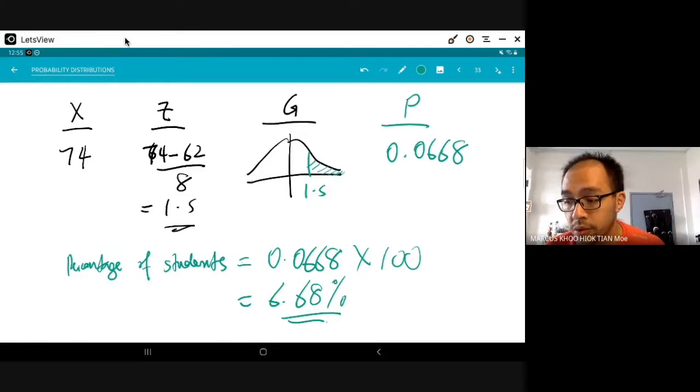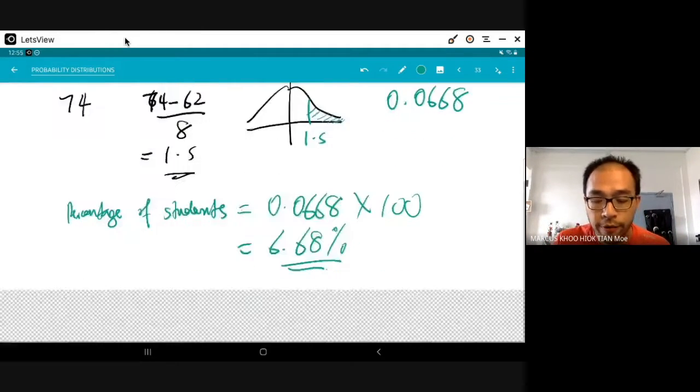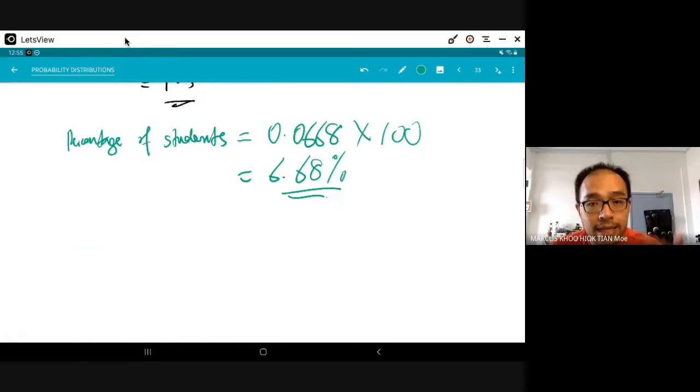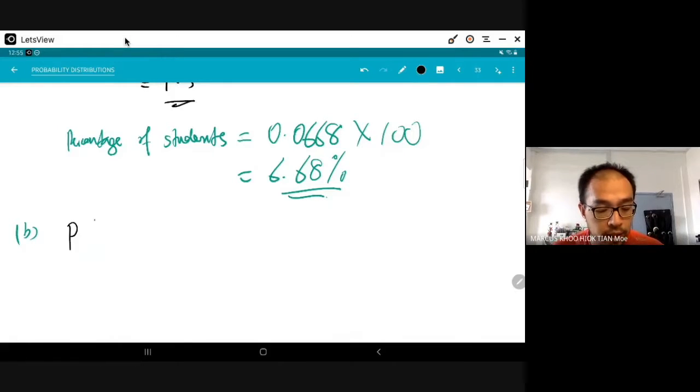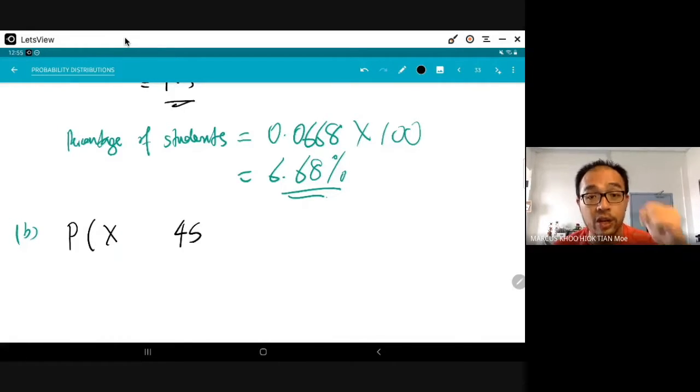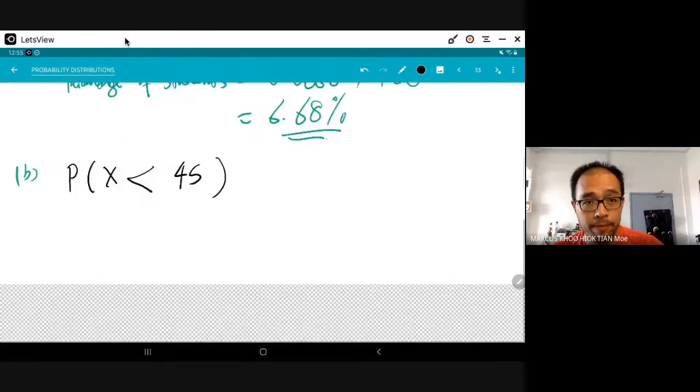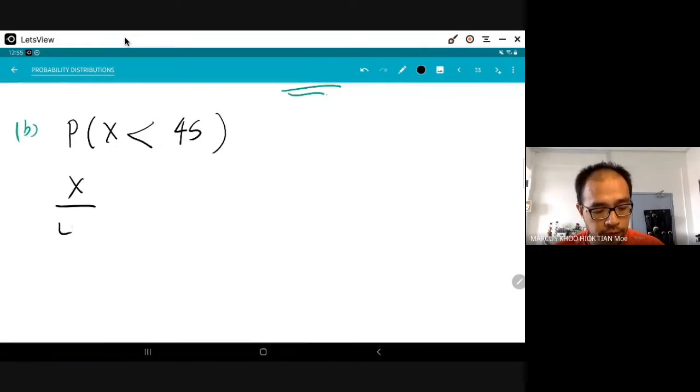Percentage of students. Okay, B, fail with marks less than 45. So when we write this, what is our X value now? Our X value now is 45. And the question says less than 45. So we do the exact same step. X is 45. Z score please.